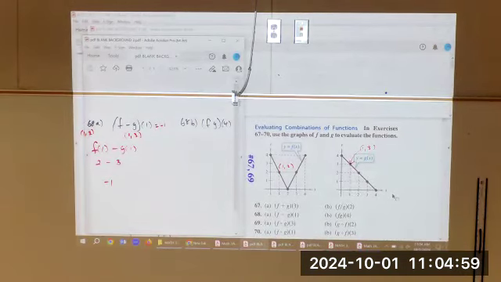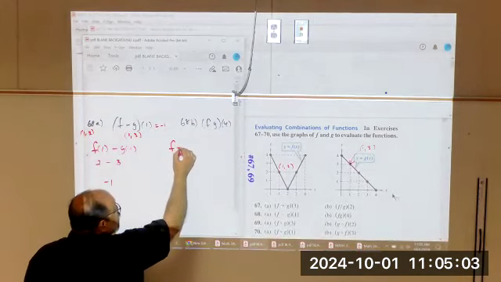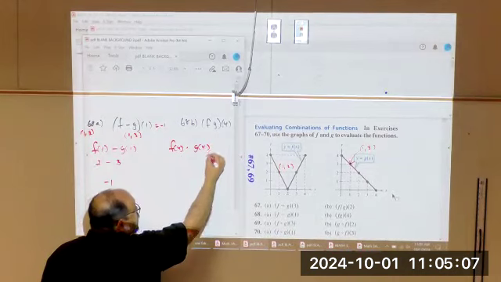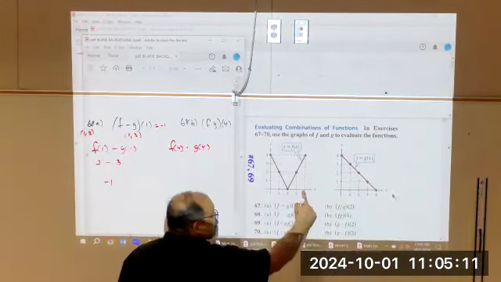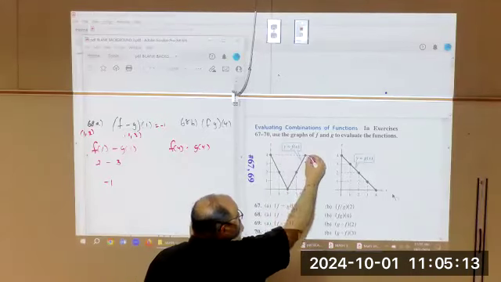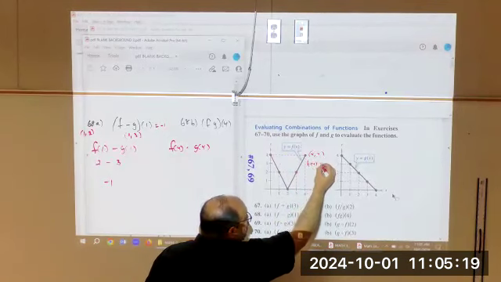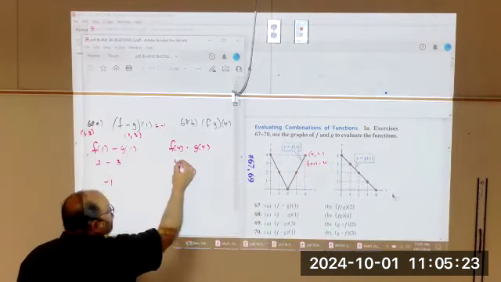And then number 68. So rewrite it. This is function F of 4 times G of 4. So we got to go find what F of 4 equals. When we plug 4 into the F function, we get the Y value is 4. We're at 4, 4. So F of 4 is equal to this Y value 4.